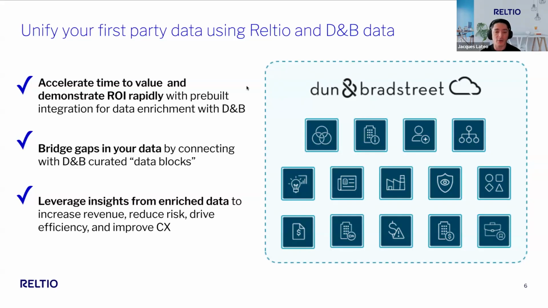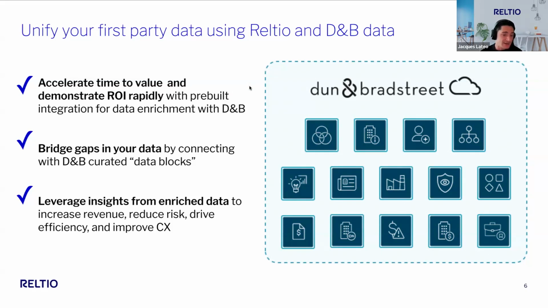You can demonstrate ROI rapidly by deploying this low-code, no-code solution and getting it up and running very quickly in your lower environments, and then promoting quickly to production. So accelerating time to value, demonstrate ROI quickly. Of course, you bridge gaps in your data by leveraging the curated D&B data. And obviously, you're leveraging insights from these enriched records, increasing revenue, reducing risk, improving customer experience, and even driving efficiency.